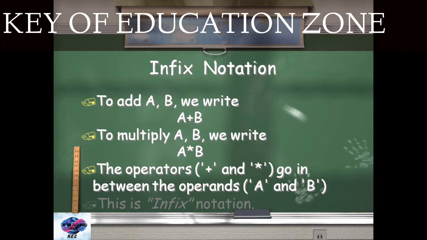So this type of notation, where a plus b, a multiplied by b is there, is known as infix notation. I repeat once again, infix notation. So infix means the operator is fixed in between two operands. That's why it is known as infix notation.